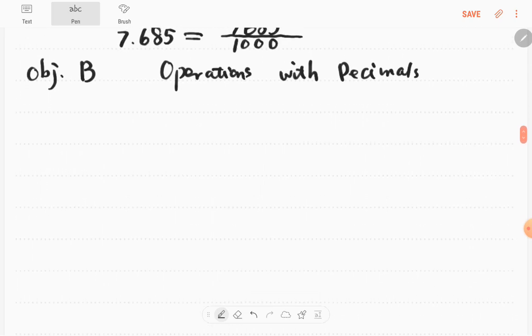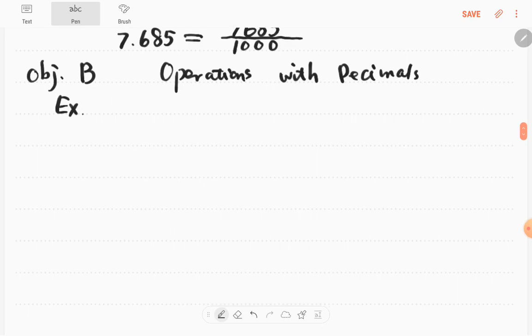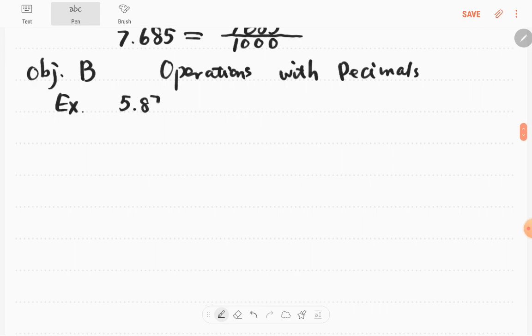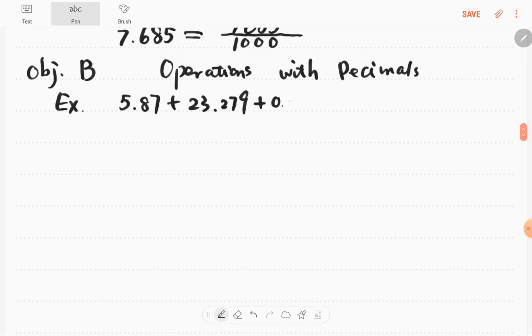So let's check an example. If we want to do the addition with decimals, what should we do?